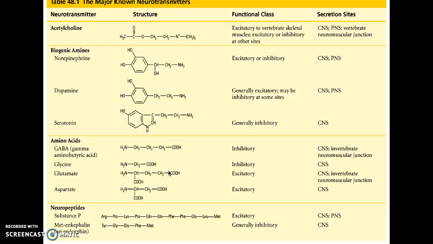These are just the major known neurotransmitters that we recommend you know for the AP biology test. Take a minute, glance over this. I would definitely summarize acetylcholine, norepinephrine, dopamine, serotonin, GABA, maybe glutamate as well. I would know those.